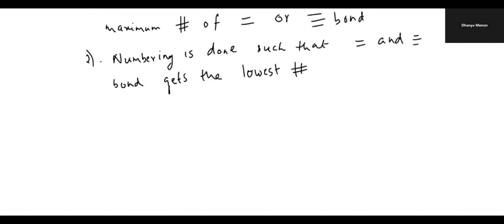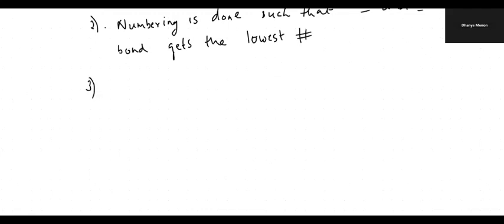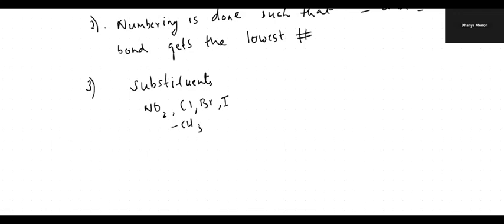And if we compare the substituent, you know the substituent, right? Substituents like nitro group, halogens, chloride, bromide, iodide, methyl group, ethyl group. All these are substituents. Okay, these are written first, right?